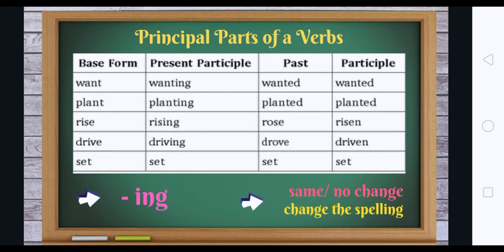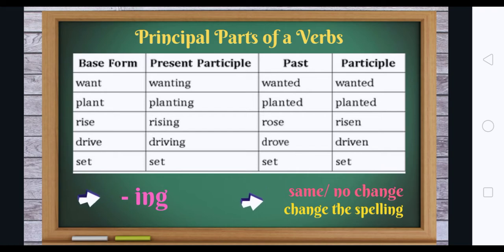As you can notice on the first example, we add ing at the base form of the verb in the present participle. There is also an example of no change at all, the word set. In the past participle, as you can notice, some words have no change.